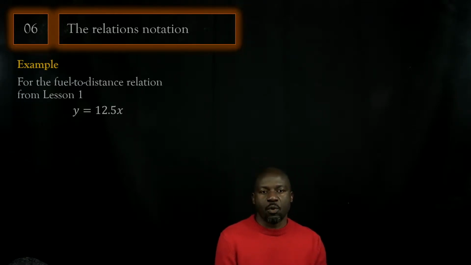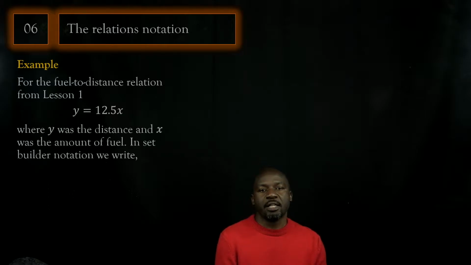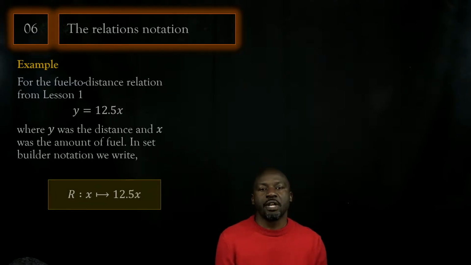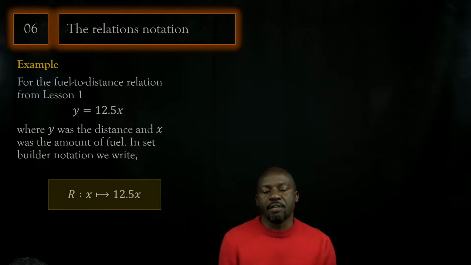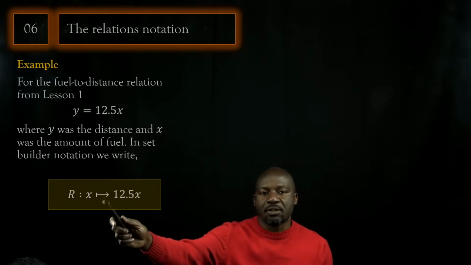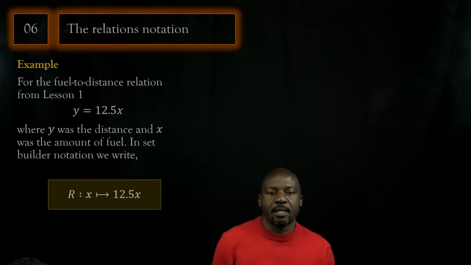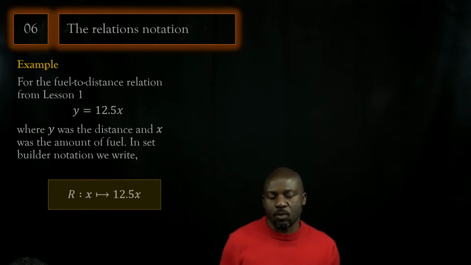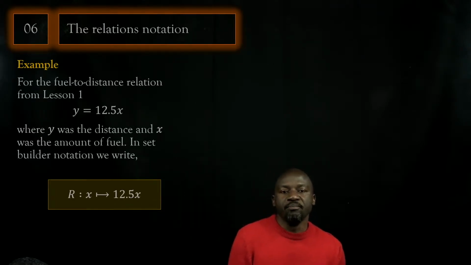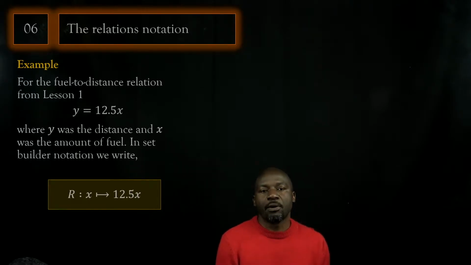The rule was that y was 12.5 multiplied by x, which is to say, if I write this in the form of a relation, then that means that if I put an amount x liters, I get 12.5x kilometers. So this is what we meant by a relation notation, okay?